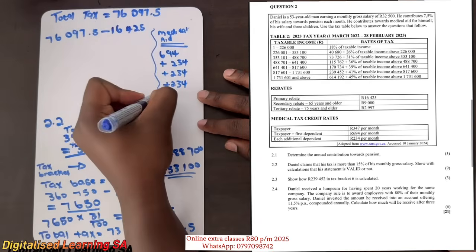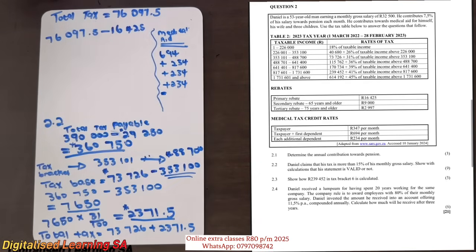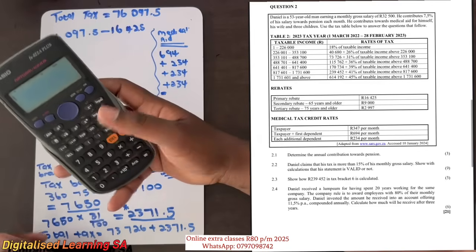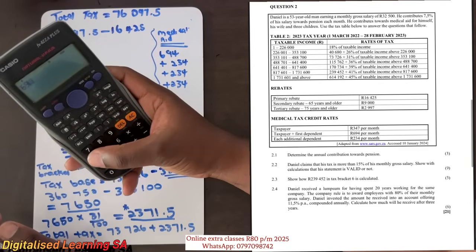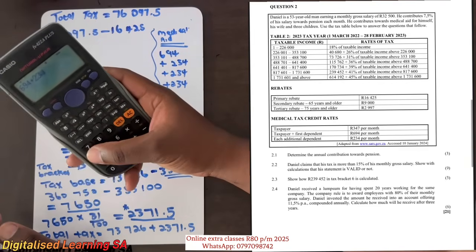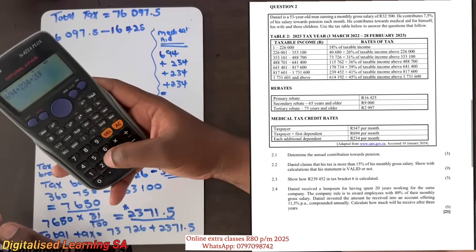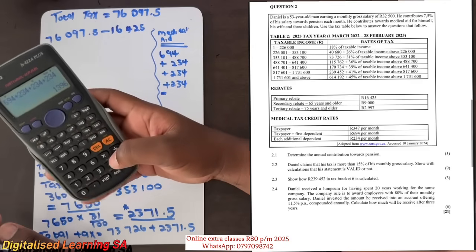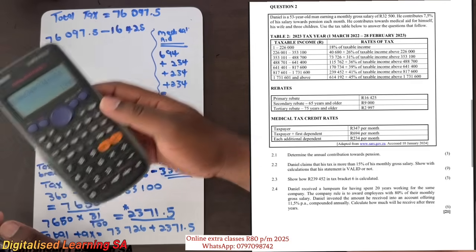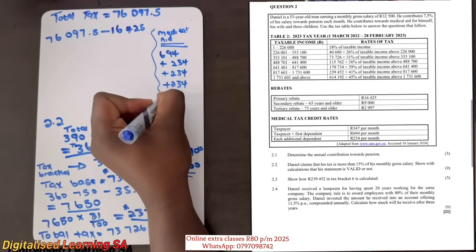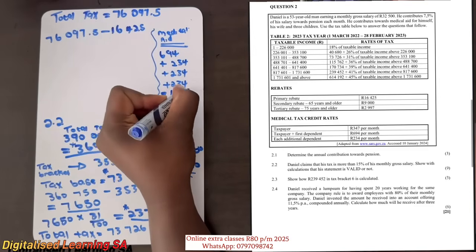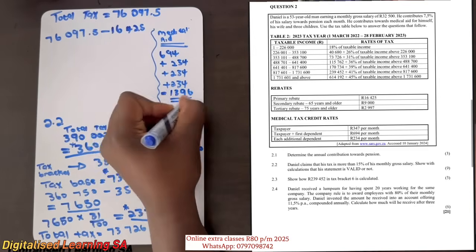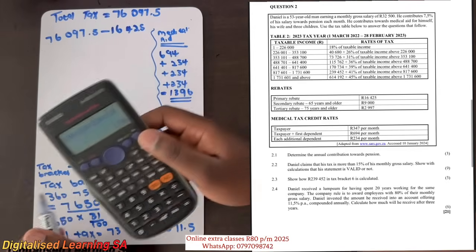Let's see how much that will be: 694 plus 234 plus 234 plus 234, and our answer will be 1,396.